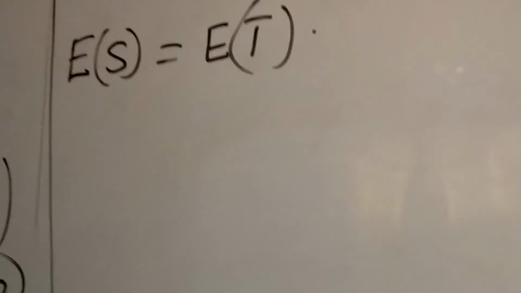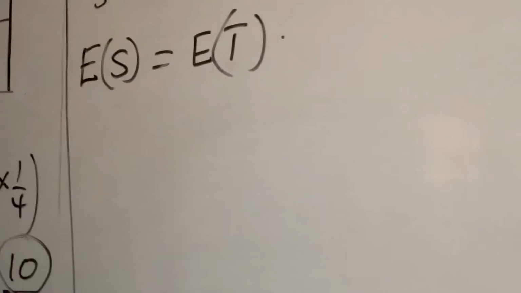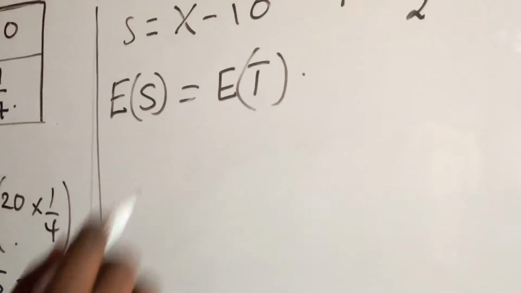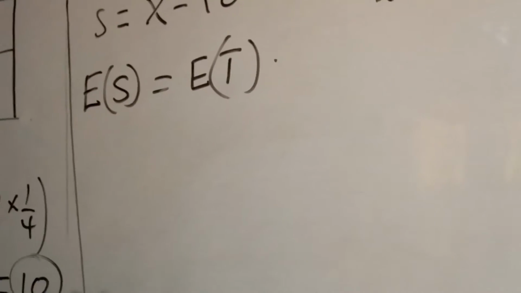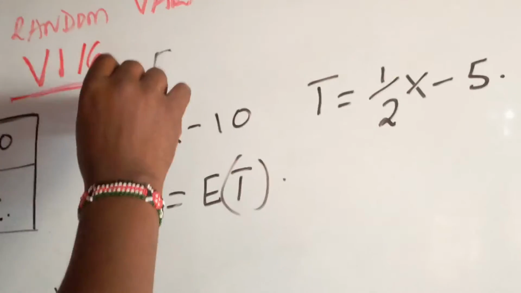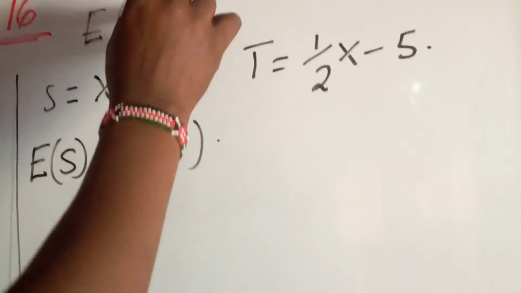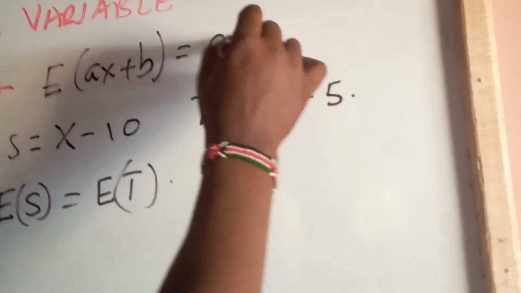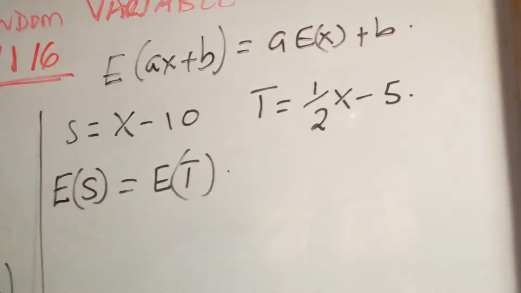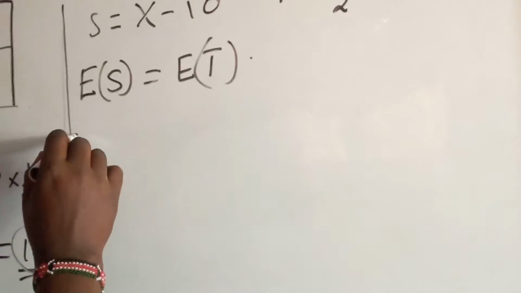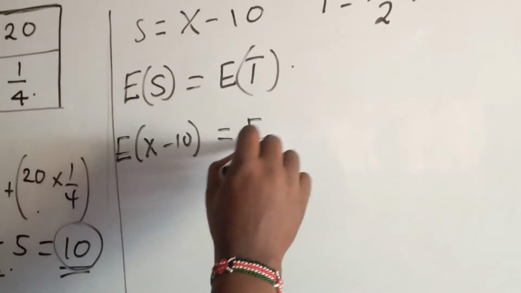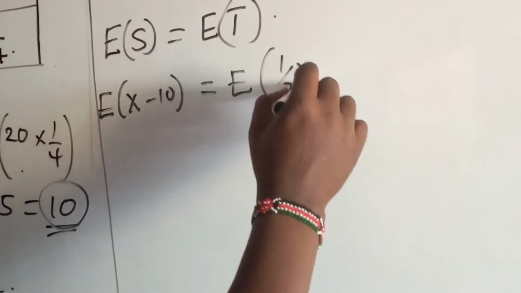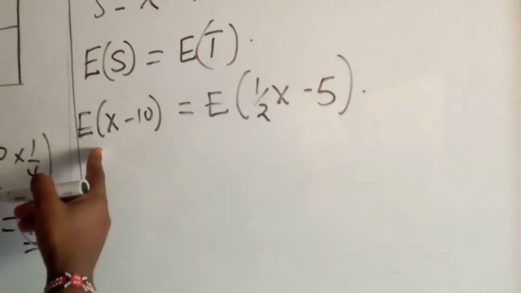The expected value of S is the same as the expected value of T. We know very well from a couple of examples back that E(aX plus b) is equal to aE(X) plus b. Now, E(S), which is X minus 10, and T, which is a half X minus 5.